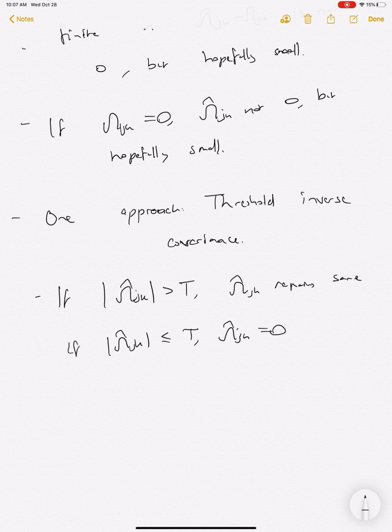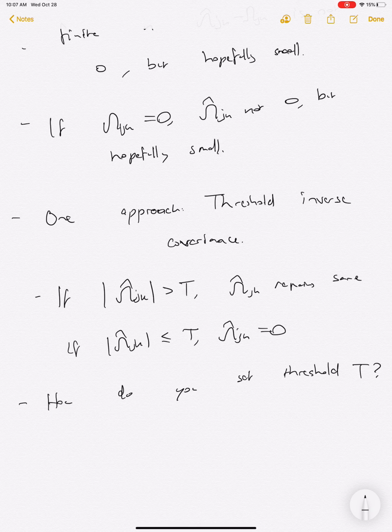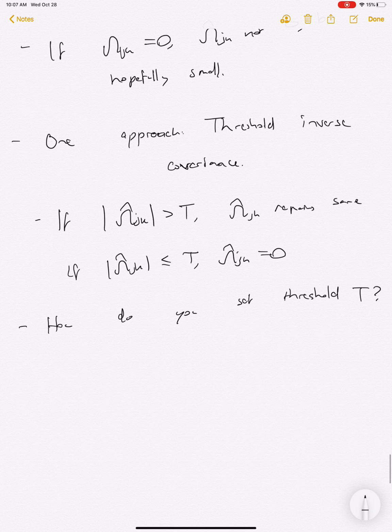And then the key question is: how do you set this threshold t? And are there other approaches that might do better?